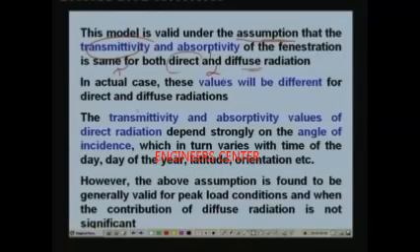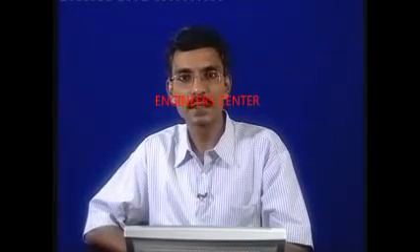In the actual case, you find that the transmittivity and absorptivity of the glass will be different for direct radiation and diffuse radiation. The values will be different, and the transmittivity and absorptivity values for direct radiation depend strongly on the angle of incidence. This is again a very important point to be remembered. The transmittivity and absorptivity of the glass for direct radiation is not a constant.